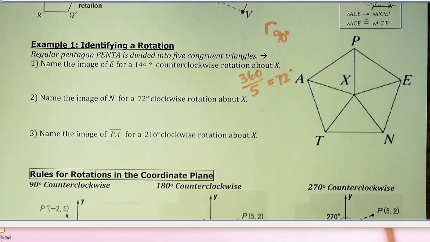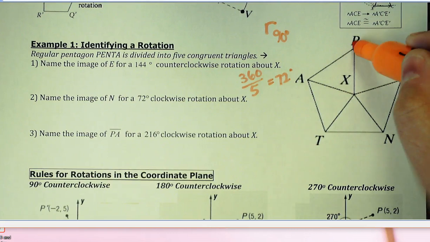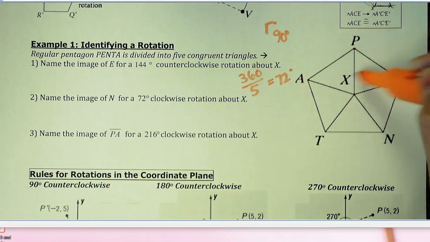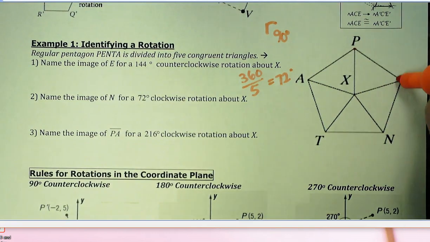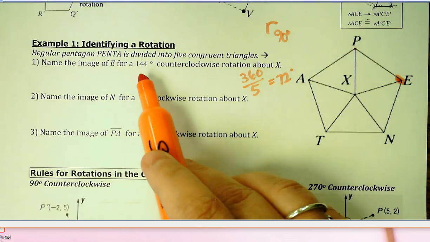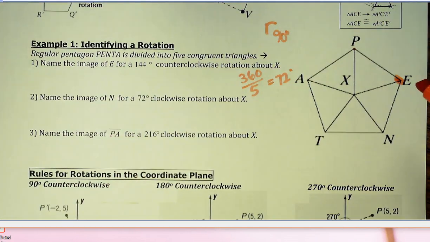So each one of these, as you rotate here, the angle on the interior that we're rotating is going to be 72 degrees. So if I take E as my starting point and I go 144, you just have to figure out how many 72s that is.